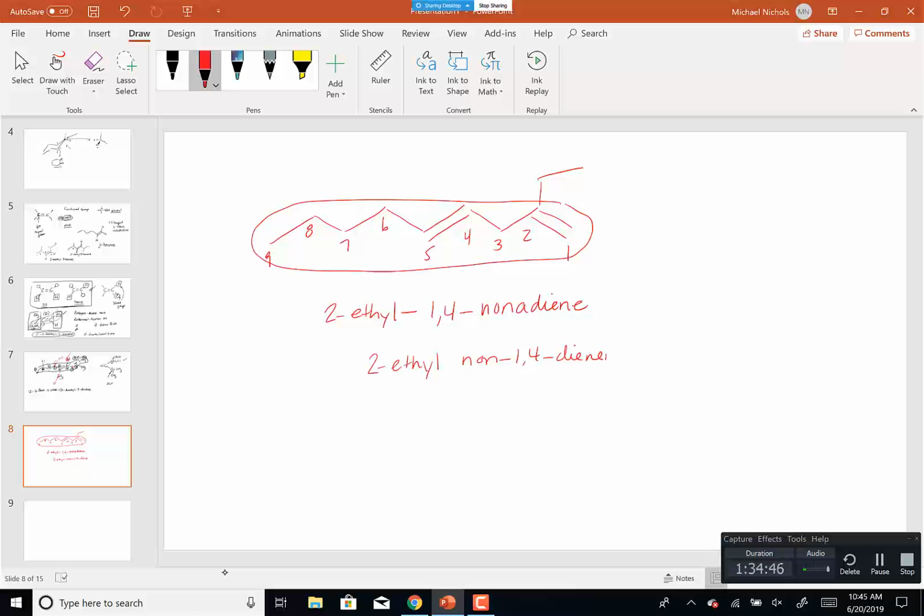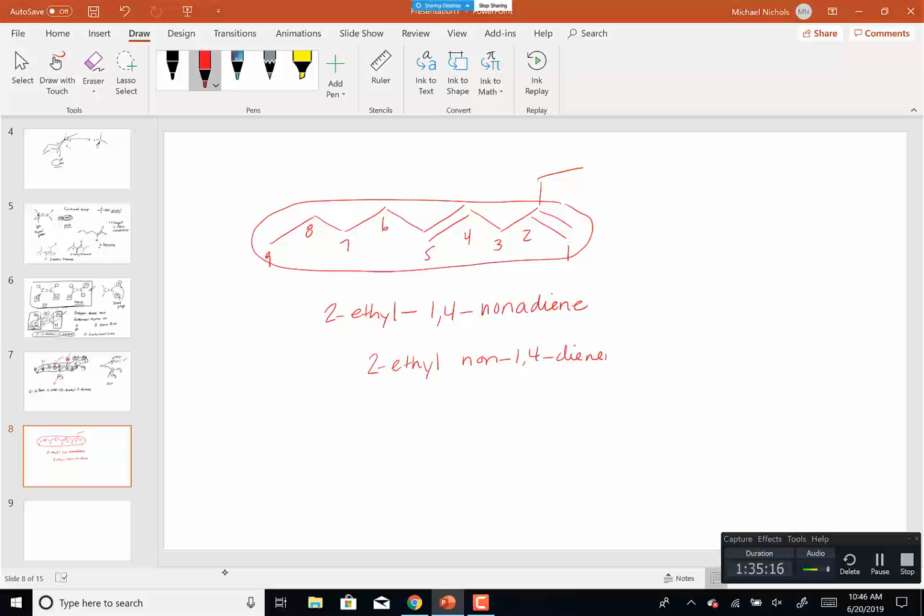Yes, we do. That's what's missing from this structure, either E or Z or cis or trans. I don't know, that's the question. That is a question. Do we have to indicate the stereochemistry of both double bonds? Easy enough to ask the question.